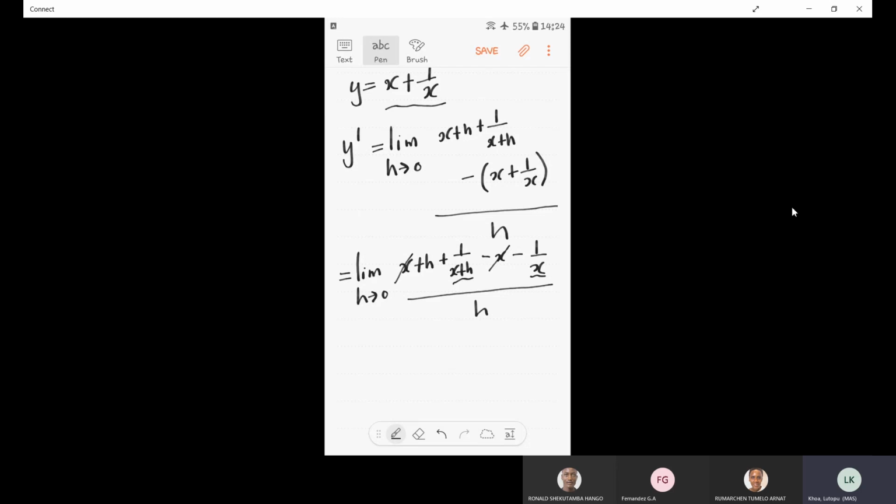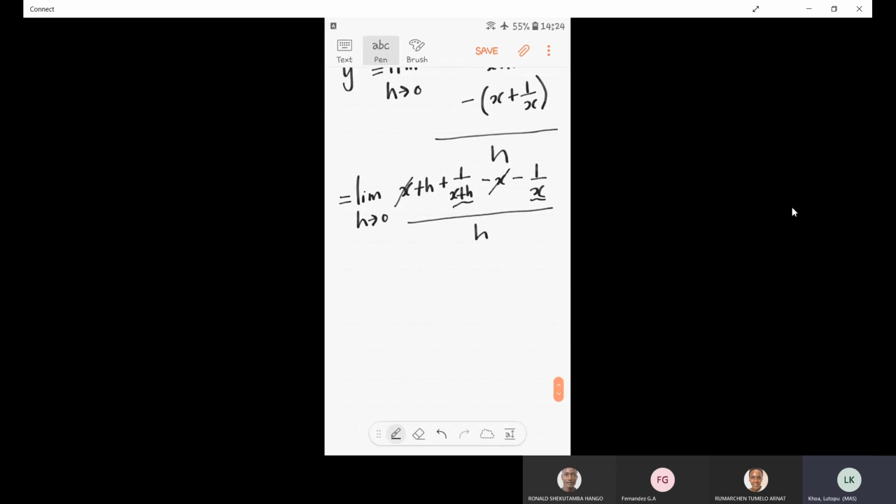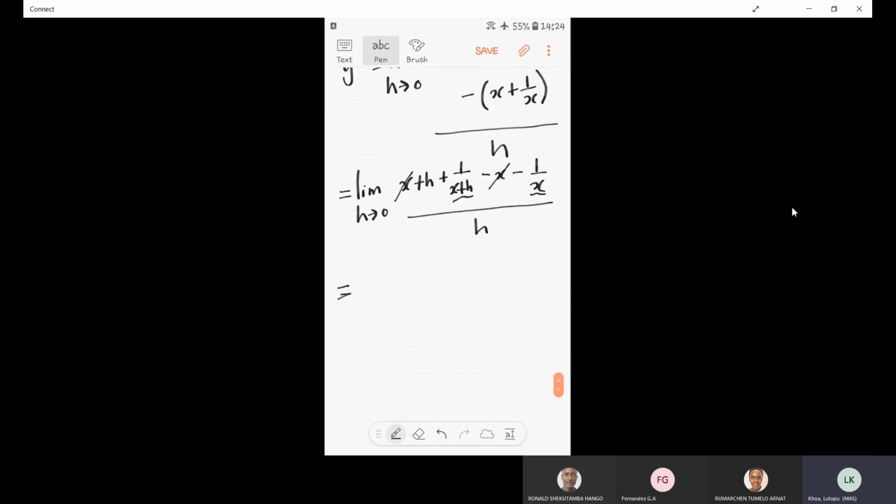The denominators are not the same, so first I have to make the denominators the same. So this is the limit as h goes to 0. Then this h will remain there. Then I have plus x minus x plus h over x times x plus h, and this is all over h.